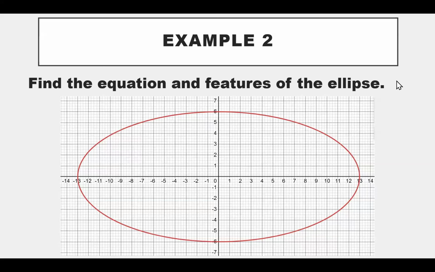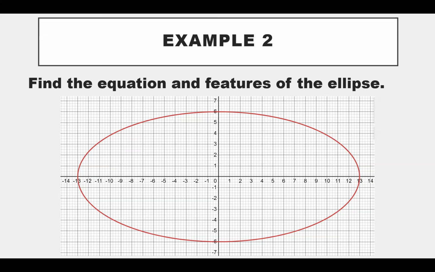Let's take a look at another example. Here we start with the graph of an ellipse, and we're asked to find the equation and the features of the ellipse. We know what the equation looks like.